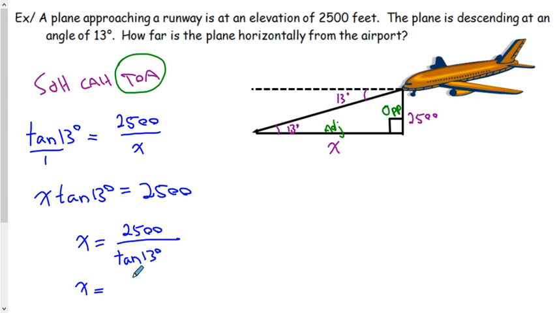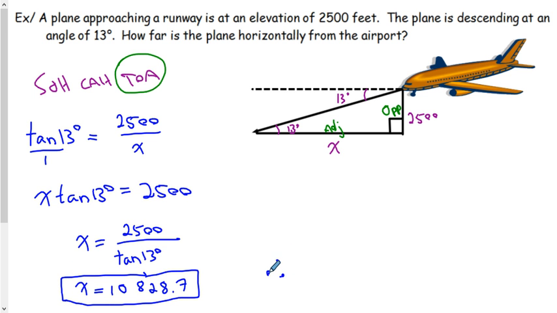Plug that in my calculator. 2,500 divided by tan of 13, whatever that happens to be, I'm going to end up with 10,828.7 feet. So let's keep that to one decimal place, and I'll put my box around my final answer there, and I'll write my little therefore statement.